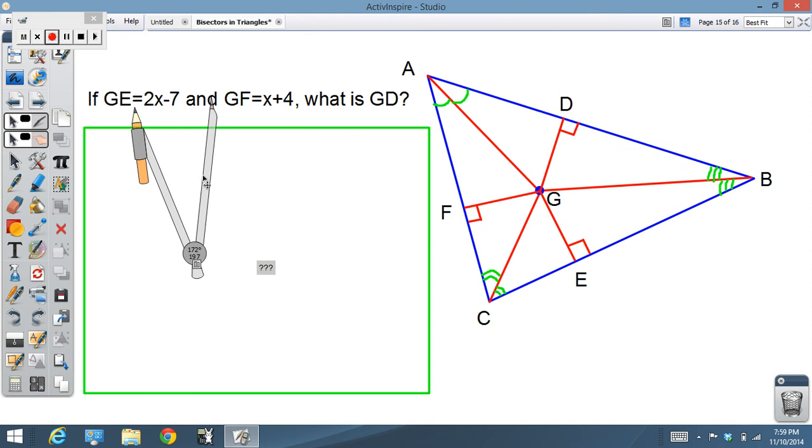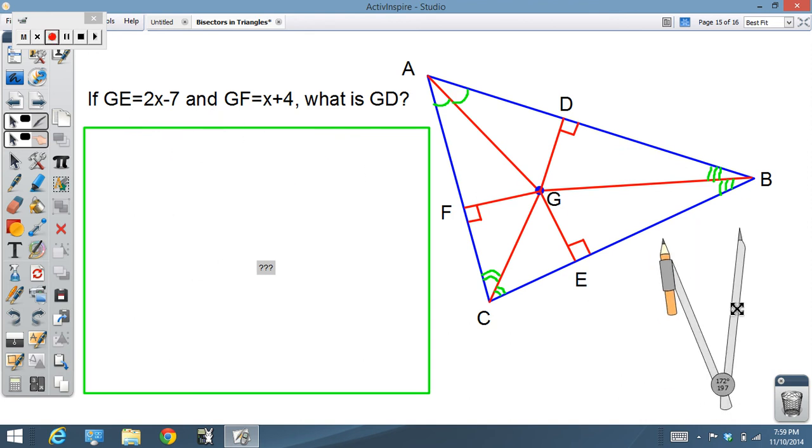All right, so here's the kind of problem we're going to do with this. If GE is 2x minus 7 and GF is x plus 4, what is GD? Well, the tick marks here are going to tell us that each of these, GB, GA, and GC, is in fact an angle bisector.